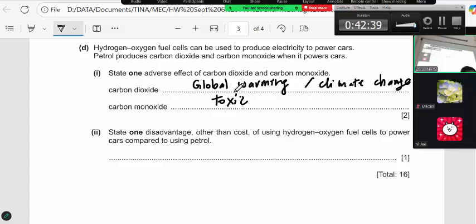Give one disadvantage other than cost of using hydrogen-oxygen fuel to power cars: hydrogen fuel is highly flammable and difficult to transport.